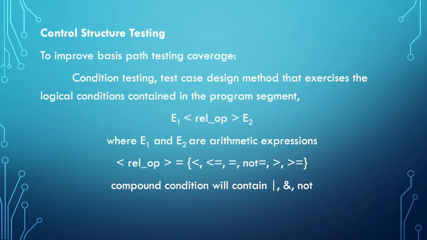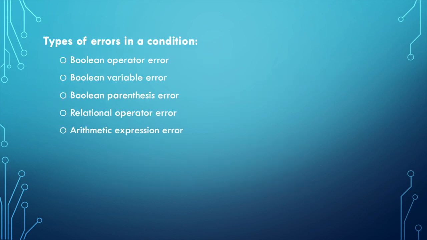So the types of errors in a condition, you try all of these errors in that relational operation. So there could be error in the arithmetic expression, error in the parentheses, error in the variable, error in the relational, and so you try these types of errors in a condition.